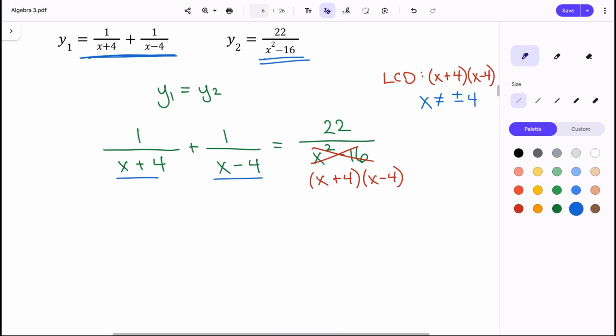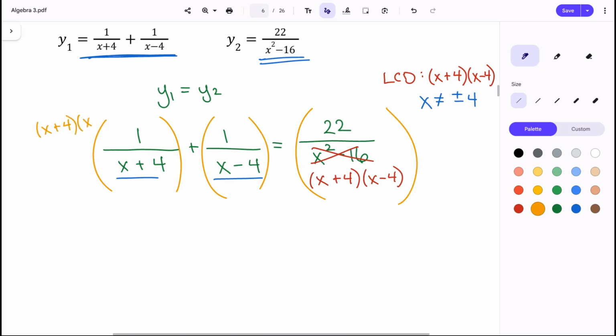All right, now let's get to simplifying. So let's multiply everything by our LCD. Okay, so I've got it all written out.